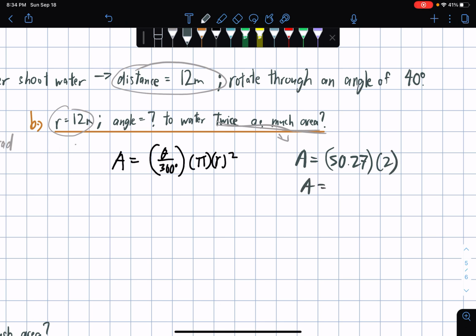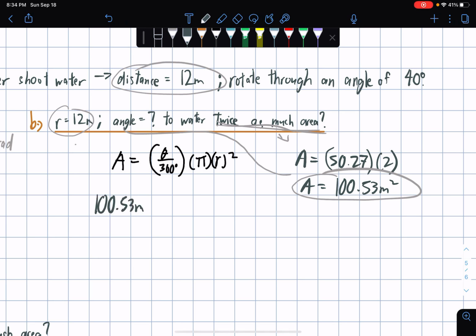A is equal to 100.53 meter squared, particularly for this situation. So 100.53 meter squared is equal to theta, which is missing, over 360 degrees times pi times 12 meter raised to 2.